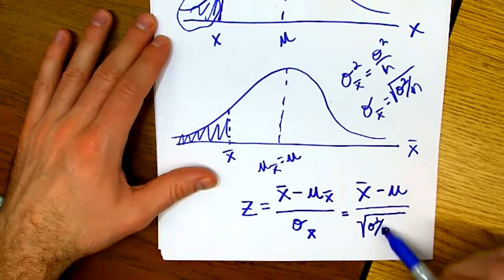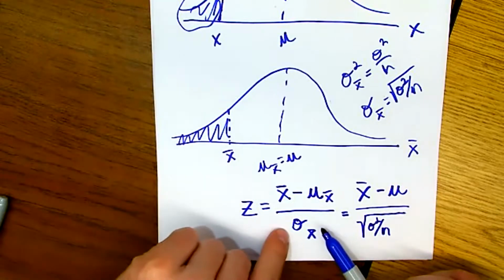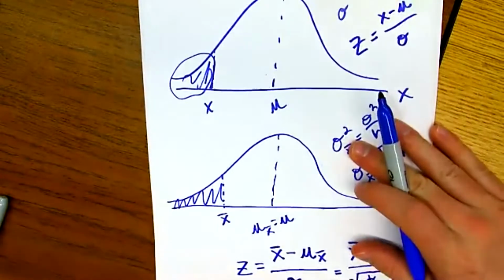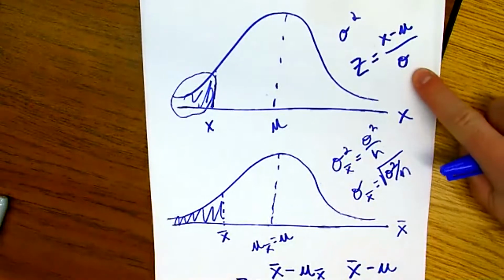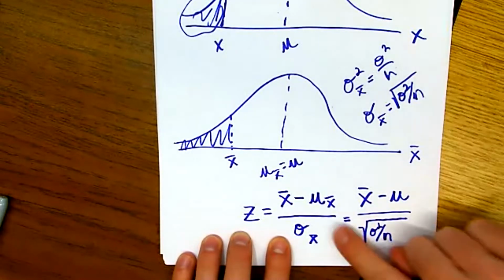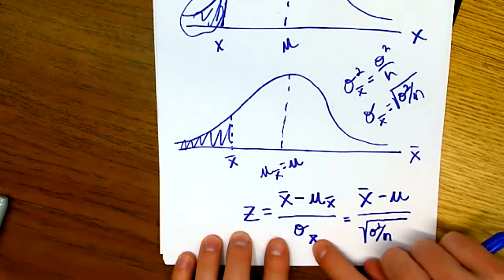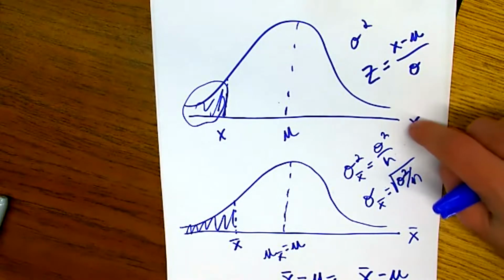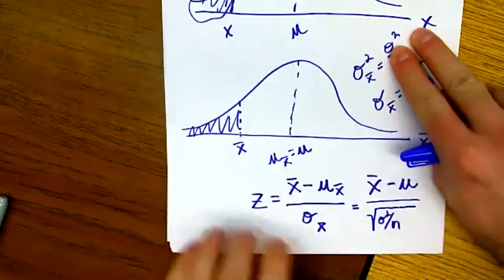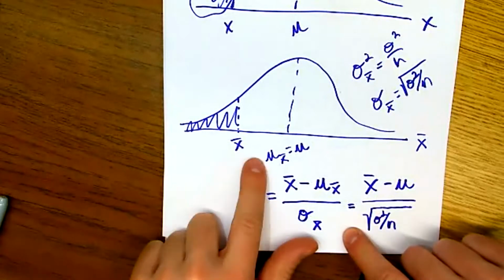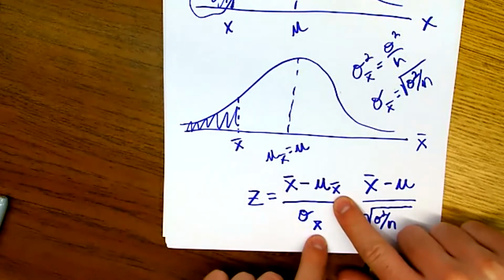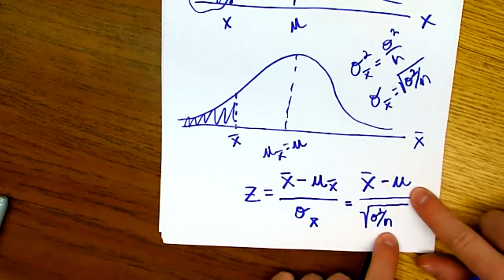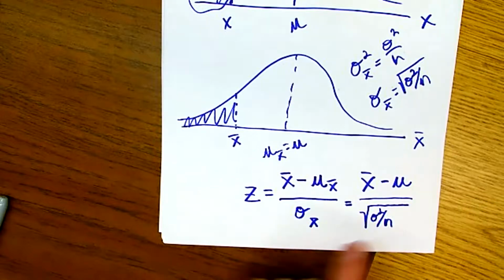So it's going to look a little bit different, but really the setup for this z-score was the exact same thing as what we were doing before, just subtracting the mean and dividing by the standard deviation. It's just now, because we're looking at cutoff values for the sample means, I have to use the mean and the standard deviation of my sample means. Right?